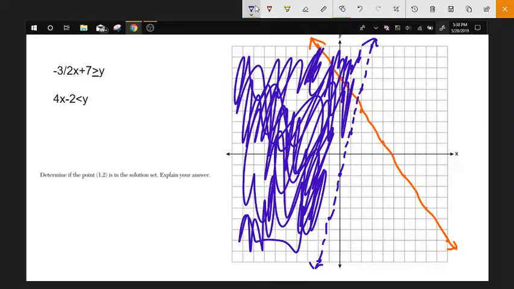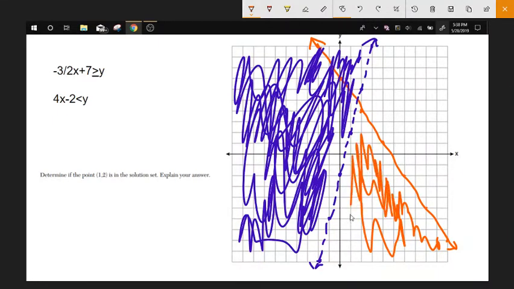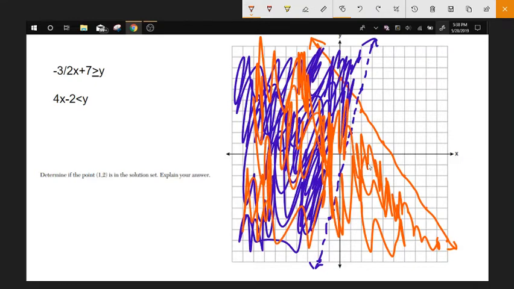And then for this one, this equation is less than or equal to y, so we're going to shade below the line. And the solution set is where the two intersect, which is this both blue and orange area.